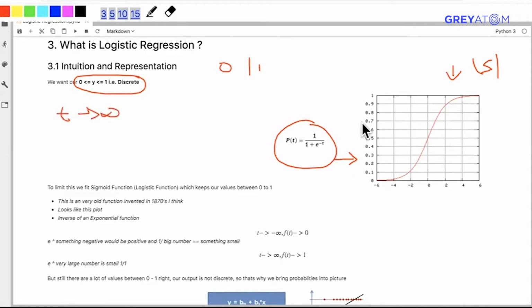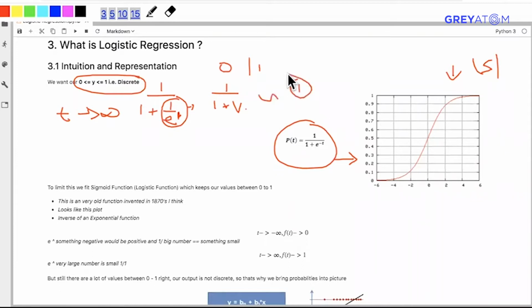What would happen if you put in a t that is a very big number here? It would be 1 upon 1 plus 1 upon e to the power of a very big number, right? So this would be very, very small in the end, because the exponential of a very big number is very, very large, and its reciprocal very small. So it would be 1 upon 1 plus a very, very small number, that is very, very close to 1.